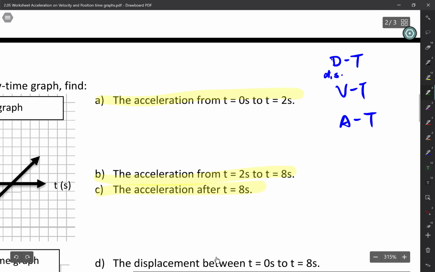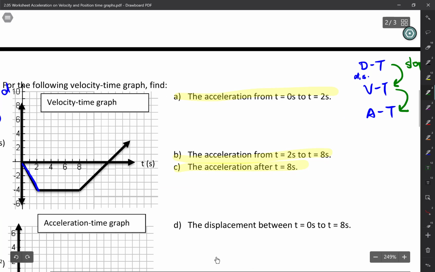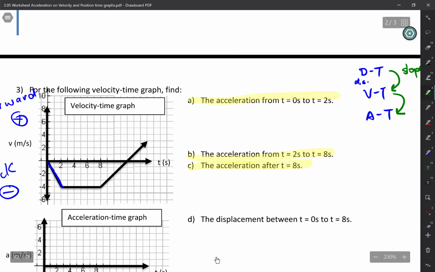Going from a displacement to a velocity to acceleration, as you're moving down, from a displacement time graph to find your velocity, and from a velocity time graph to find your acceleration, you are grabbing the slope. So the rate at which something is changing. Because think about the meaning of a slope: this is how velocity changes over time.